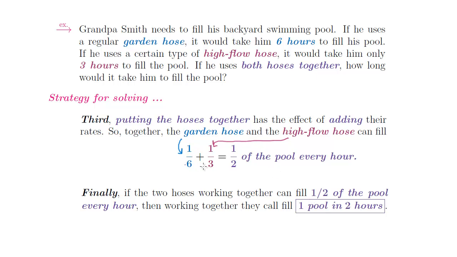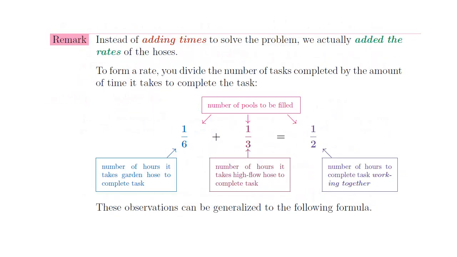This idea of adding rates to get a total rate is the strategy we need to solve all types of work problems. So let's look at that generalization right now. Let me reiterate what I just stated. Instead of just adding the times together to solve the problem, what we did was add the rates of the hoses.